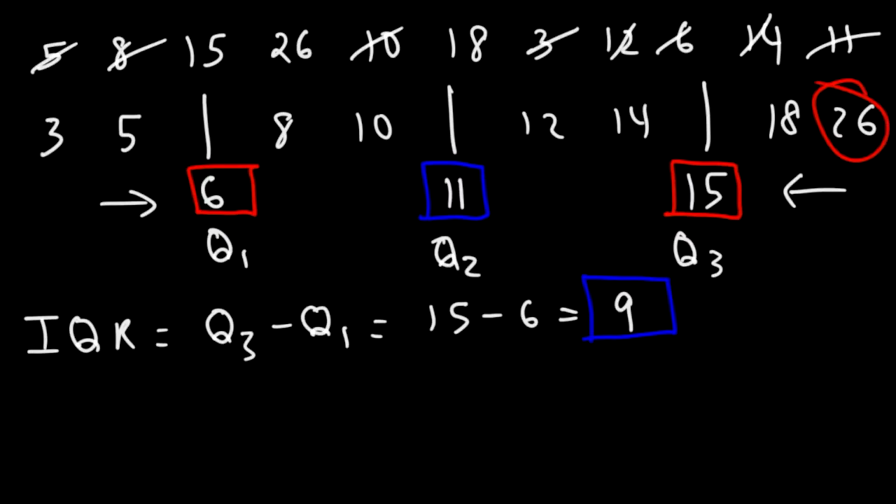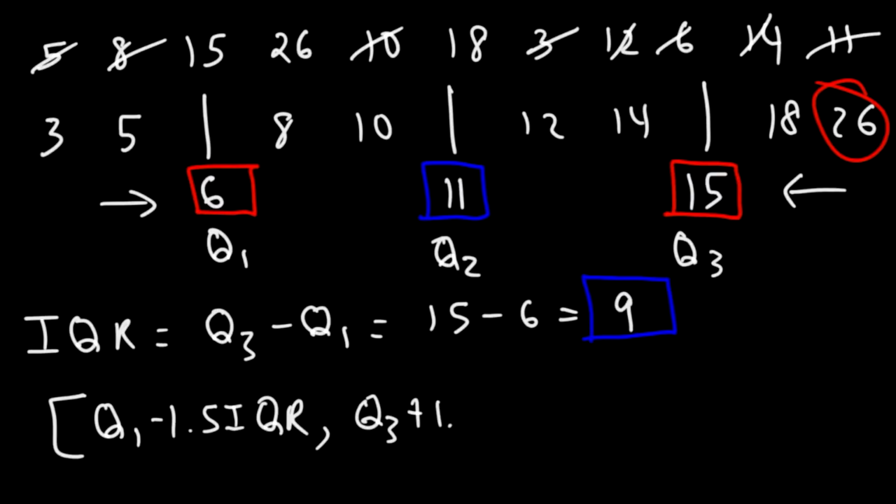Let's find out. We're going to plug our data into this interval: Q1 minus 1.5 times IQR, and then Q3 plus 1.5 times the IQR value. So Q1 is 6, and the interquartile range is 9.